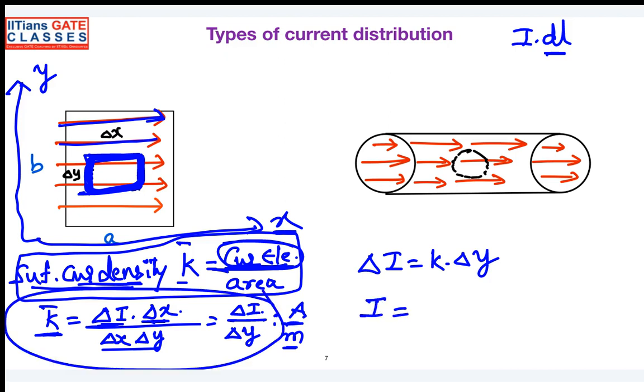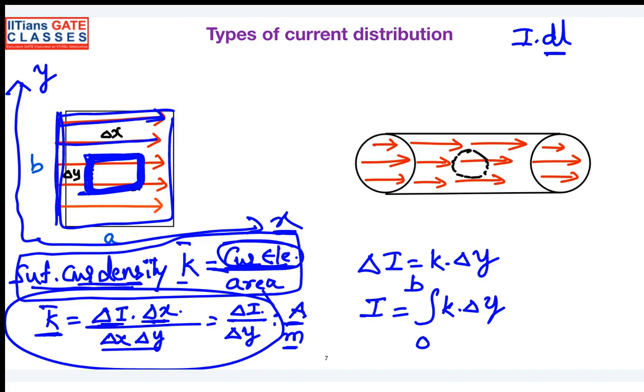What will be the total current if I want to find it in the entire loop? I have to do a single line integral of K dY, where the Y limits vary from 0 to b. So you have to take the limits of Y. This gives the total current enclosed in the loop.